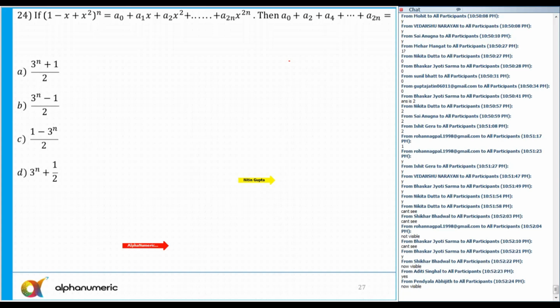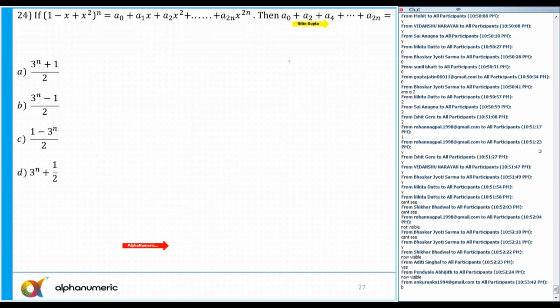Basically, if you observe here, I need to find the sum of all the even coefficients, a0, a2, and so on. So the logic here is that there must be two equations, and I need to combine those two equations. So first of all put x equal to 1.